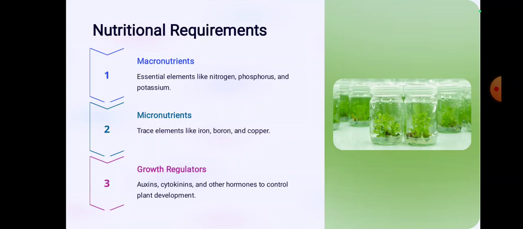Auxin helps in cell division, root formation, and growth of the plant from the tip. Cytokinin helps in cell division and shoot formation. Auxin helps in root formation and cytokinin helps in shoot formation. The other growth hormones are gibberellin, abscisic acid, and ethylene. Ethylene is used in induction. Thank you.